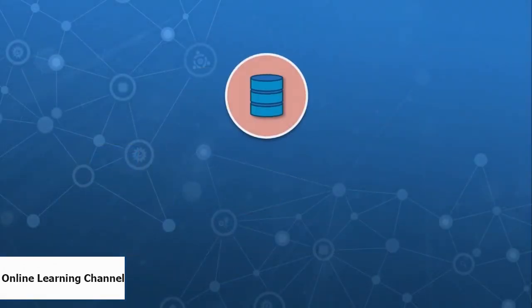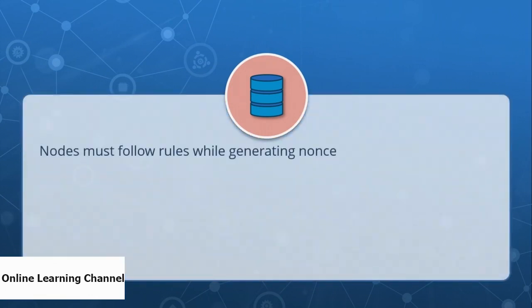And this brings us to some of the rules when it comes to generating nonces for each account. These are the rules which must be followed by the full Ethereum nodes, since they are the ones tasked with the responsibility of maintaining the account state, which includes the account nonce. So the first of these rules is that the nonces must be generated in order.